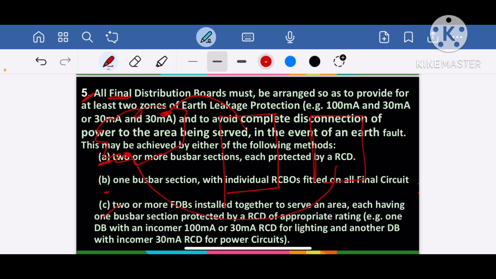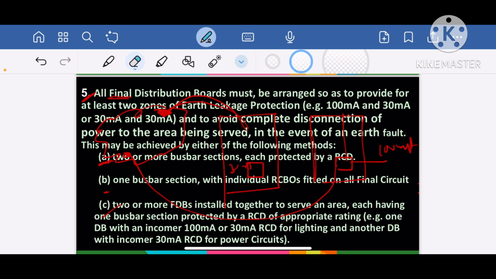So this will be one bus bar section area, so there will be one ELCB, and as it is feeding light sources, it will be 100 milliampere. This final distribution board serving this area for the power load will have one ELCB section. As it is serving power load, it will be 30 milliampere.